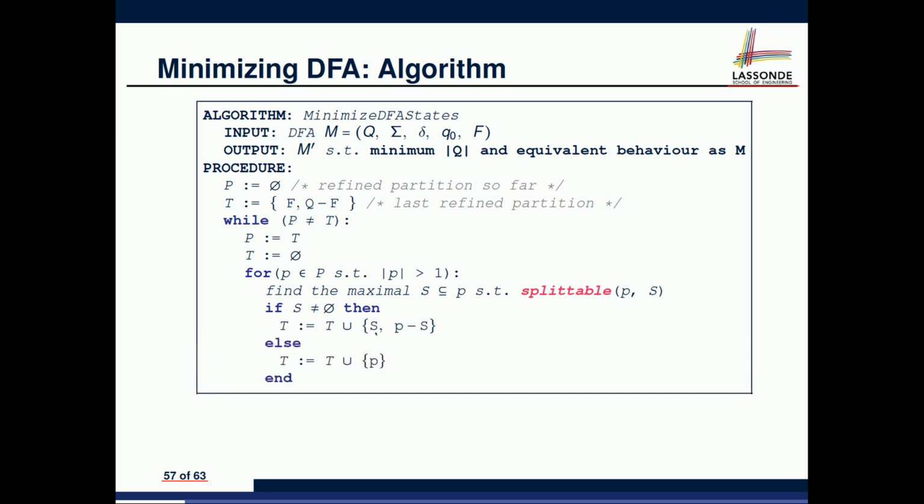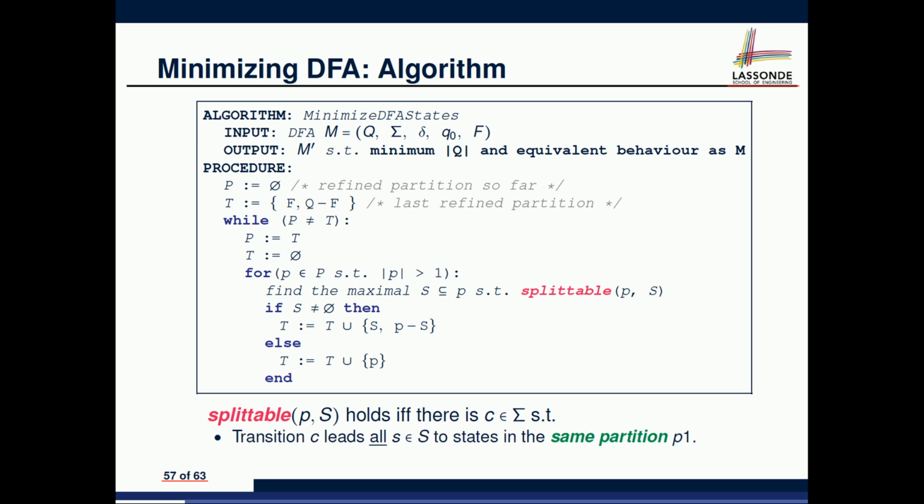Otherwise, the else part simply means if we cannot split it out, then simply put the entire P, so they remain the same partition. So here are some definitions. Splittable is simply going to take whatever partition you're considering, and also you want to consider this particular subset.